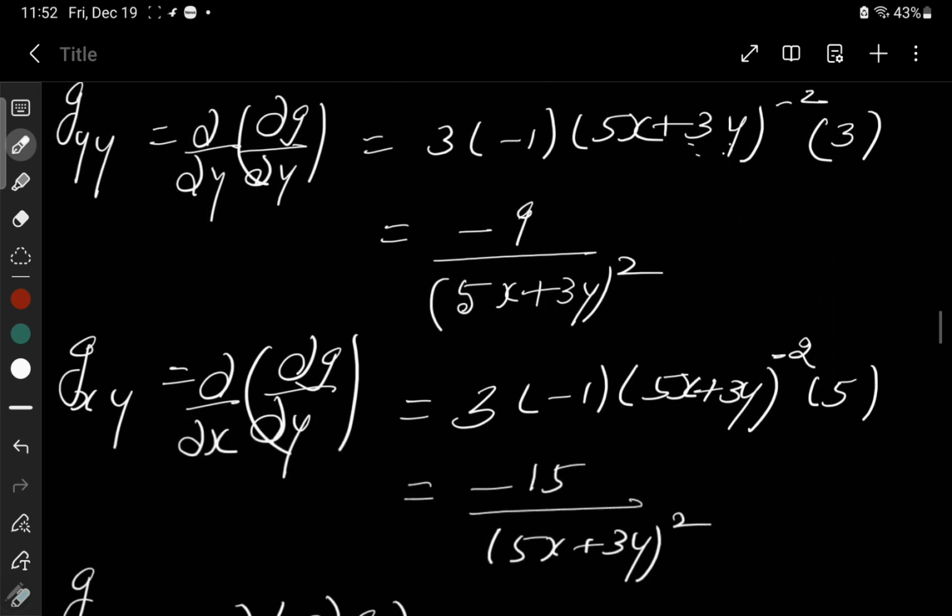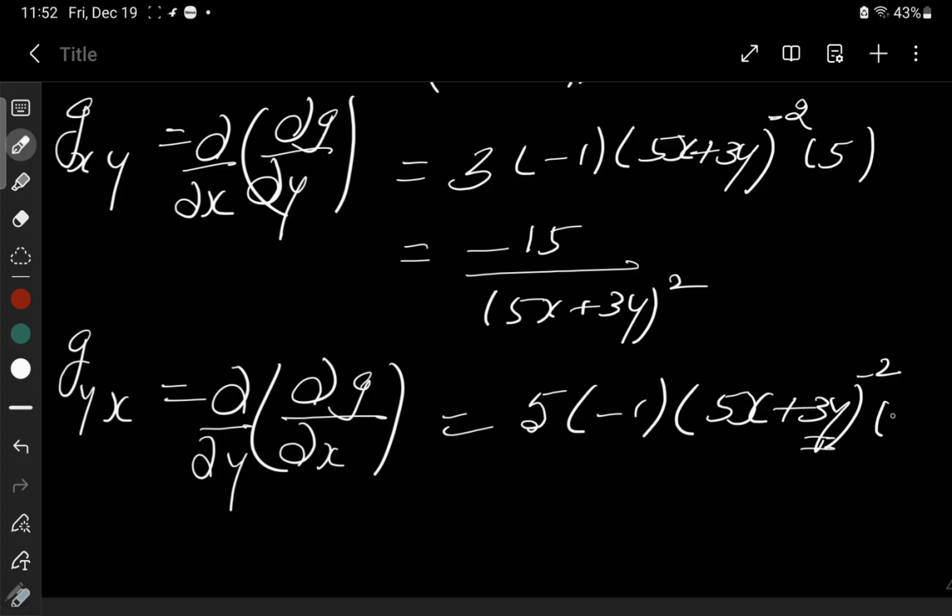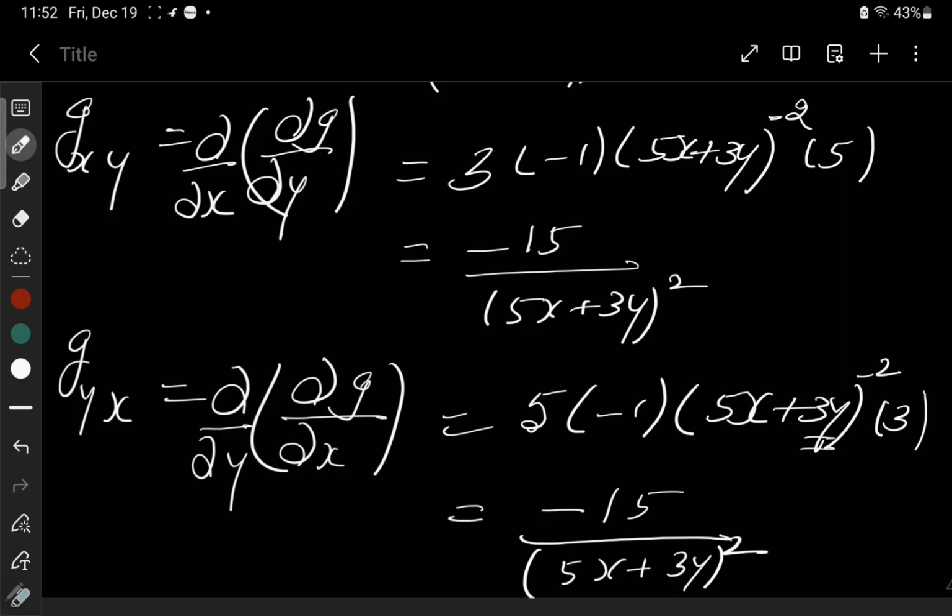So bring this 1 to this side. 5 constant, minus 1 (5x plus 3y), so minus 1 minus 2 with respect to y. Take y term, so 3 constant. If you differentiate y, you will get 1. So minus 15 divided by (5x plus 3y), minus 2 becomes positive, square. This is the answer.